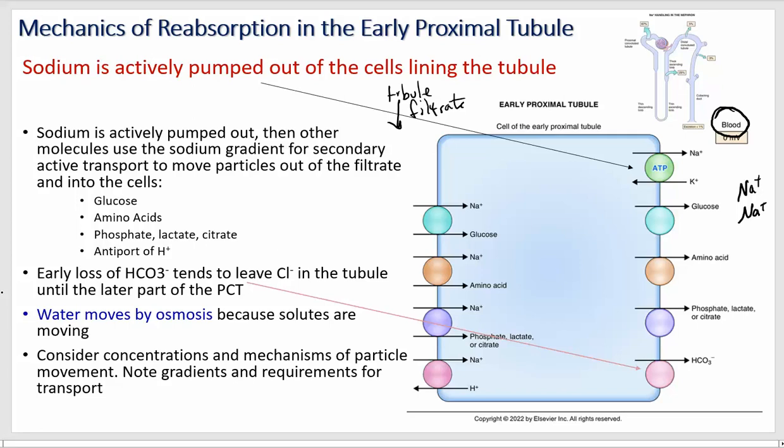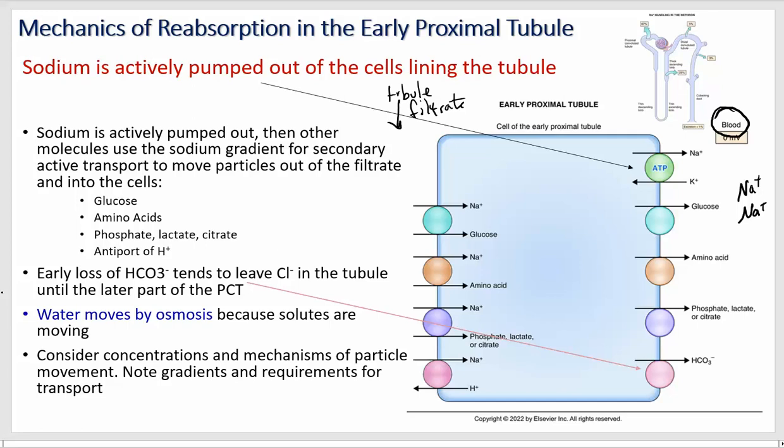And what hydrogen does is it changes the pH, so it makes things more acidic. So your body's constantly fighting that, constantly saying, okay, too much hydrogen. So we need to get rid of it. So in this case, we early on have sodium pushing that hydrogen out.